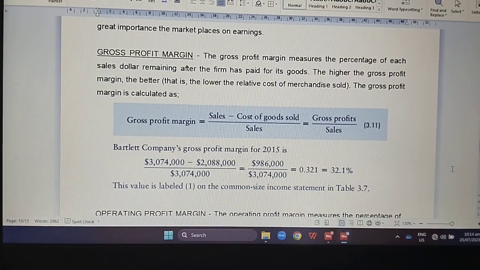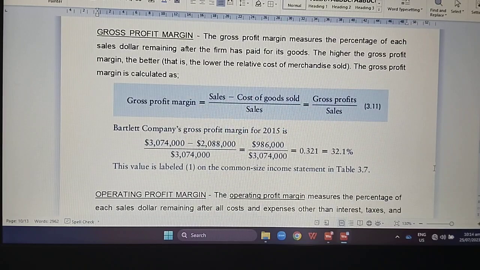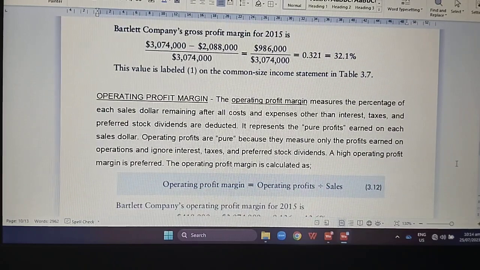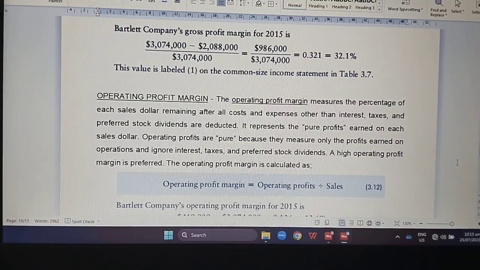Ayan. Next is the operating profit margin. The operating profit margin measures the percentage of each sales dollar remaining after all costs and expenses other than interest, taxes, and preferred stock dividends are deducted. This one represents the pure profit earned on each sales dollar.